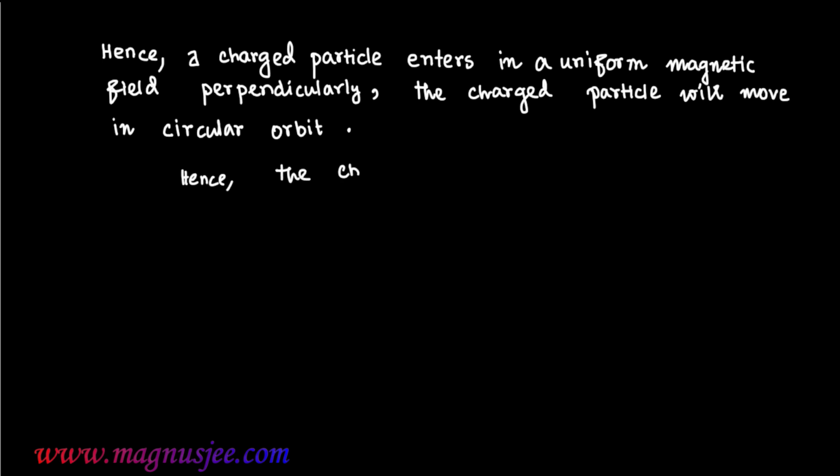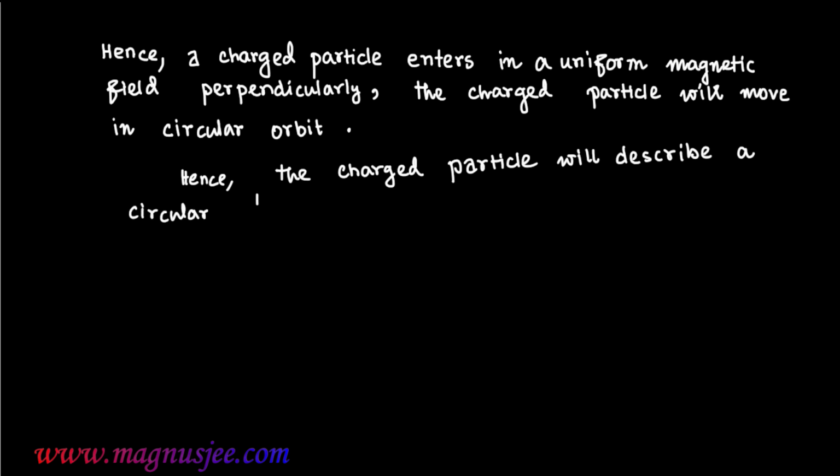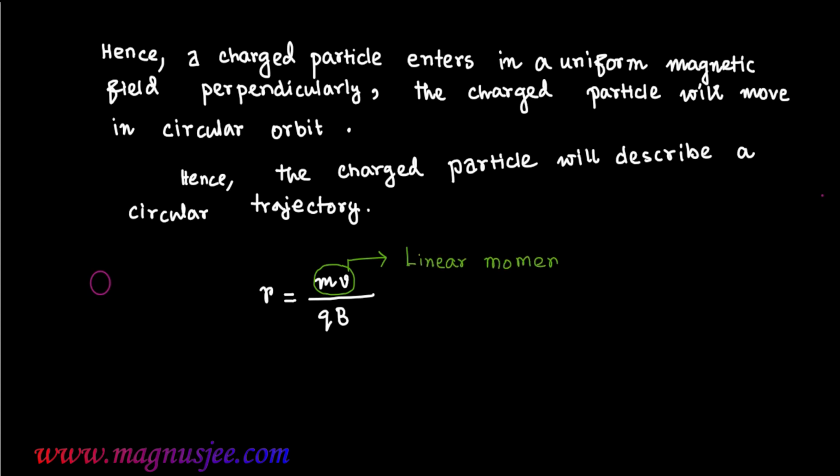Hence, the charged particle will describe a circular trajectory. And the radius of this circular orbit is r equal mv by qB, where mv is the linear momentum, divided by charge into magnetic field induction or magnetic flux density.